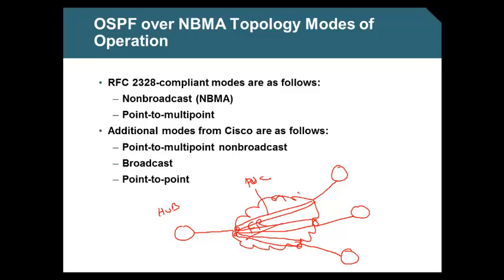Like MPLS labels. Some of you don't know what MPLS is, so forget about it. I'm just talking to those who know it, just to compare. Others simply know it's a label. Like an MPLS label, for frame relay also we have a label called DLCI, Data Link Connection Identifier.